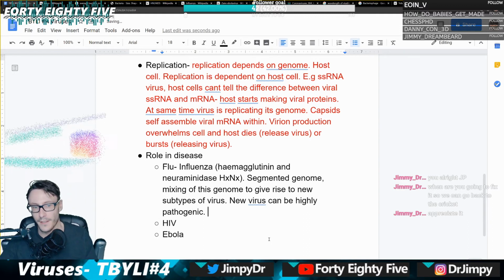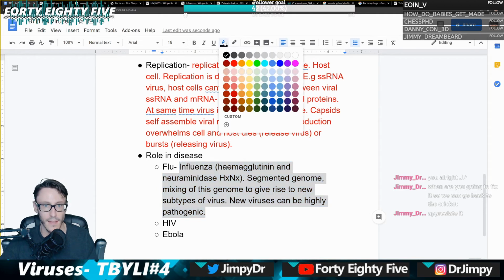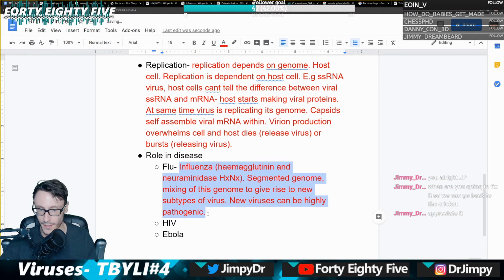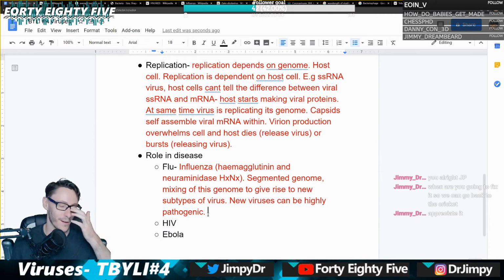It's worth pointing out though, this is not a certainty. They can be highly pathogenic, but the most likely outcome is that they're not pathogenic, or not any more pathogenic, really less pathogenic. It just so happens that you only need one combination to be right, and then you're in a world of trouble because of the rate at which the virus can replicate and spread.